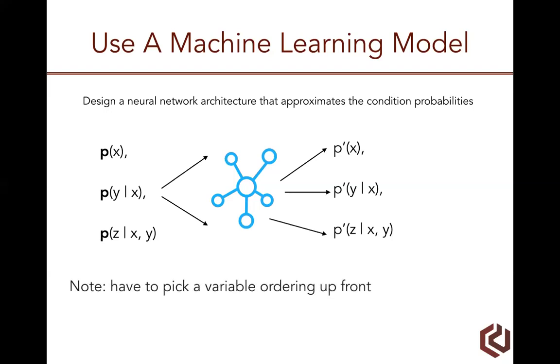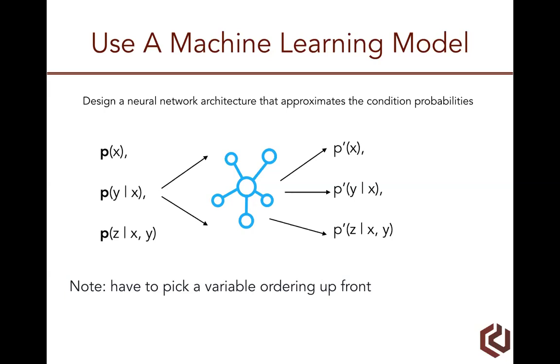Now, the one caveat here is actually kind of similar to what we saw with the partition trees. You have to pick a variable ordering up front, right? To use the chain rule, you have to decide on some ordering of these variables. You need to pick them as the important things to condition on, right?